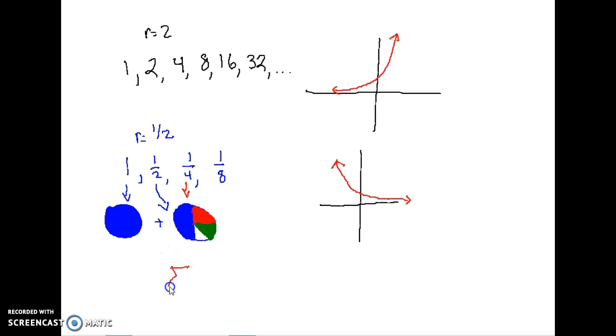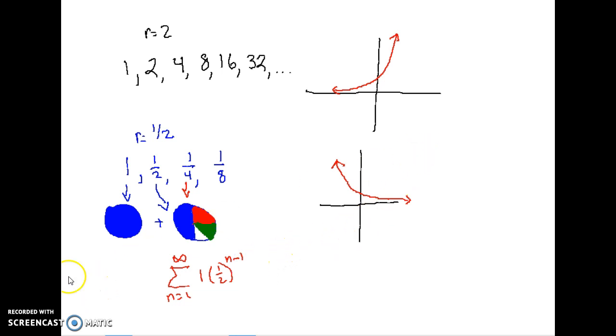So how would this look in an equation? I would say the sum, and we're going to start with n equal to 1, our first term, and go to infinity. My first term is 1, and I'm raising 1/2 to the power of n minus 1.